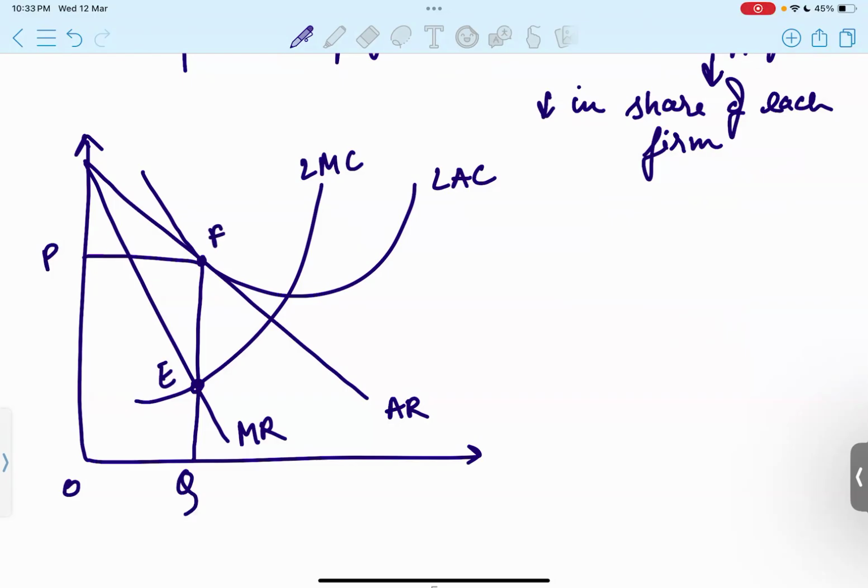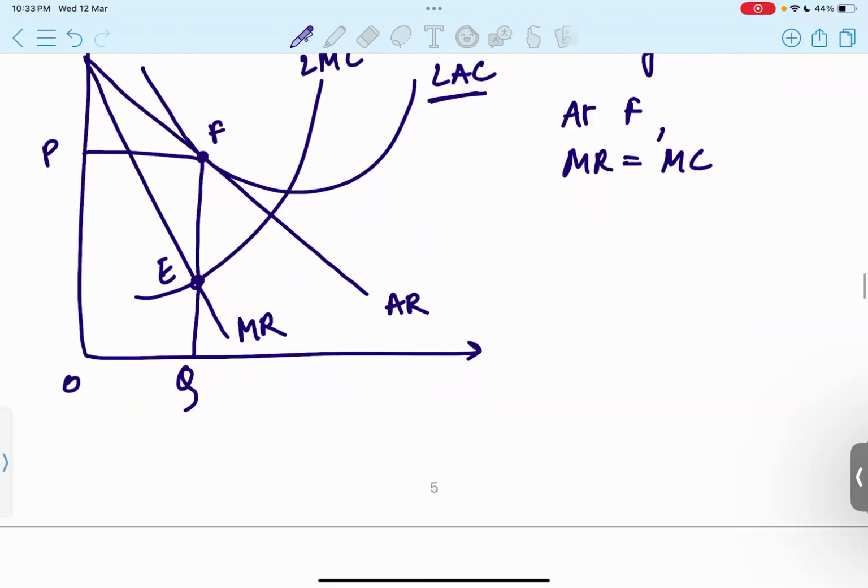You can see that new firms will keep entering until the demand curve or the average revenue curve becomes tangent to the LAC curve, which is point F. So at F, we see the long run equilibrium condition being met, and obviously MR has to be equal to the marginal cost curve. So that's how we achieve the long run equilibrium under the monopolistic firm.